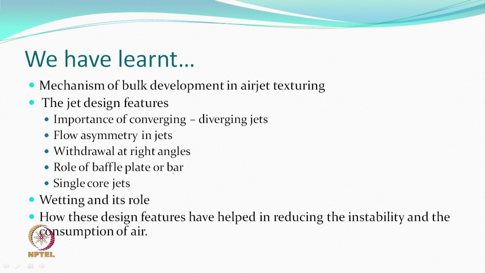Wetting, we have understood and its role. So, how these design features have helped in reducing the instability and also the consumption of air, as we earlier mentioned that compressed air is not cheap. You do need to spend money and energy to compress the air.